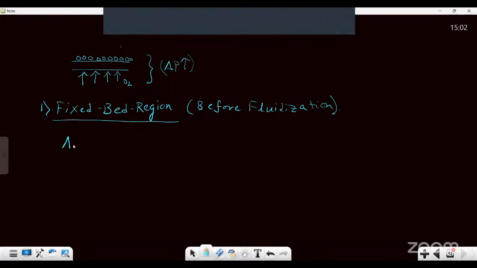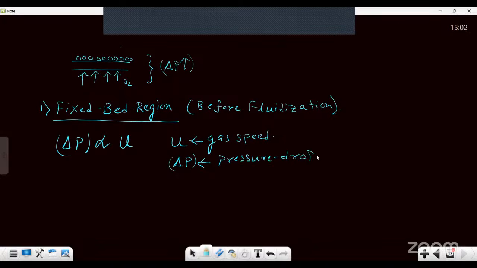Most importantly, what you should remember is your delta P, or the pressure difference, increases with the gas speed U, where U is basically your oxygen speed or air speed, and del P is your pressure difference.